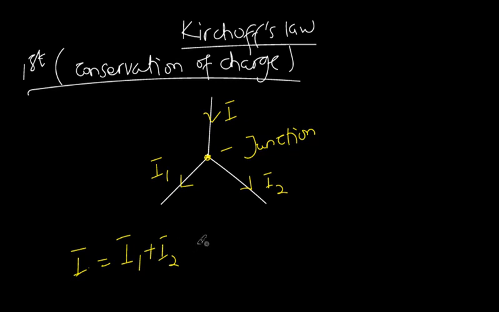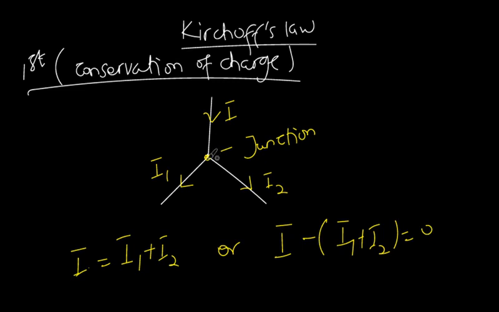Now the second one is telling us that the algebraic sum of the current at a junction is equal to zero. So if we rewrite this, if we bring this to the other side of the equal sign, we have I minus (I1 plus I2) is equal to zero, which means the current at this particular junction is zero because the one that is arriving is the one that is being split into two.